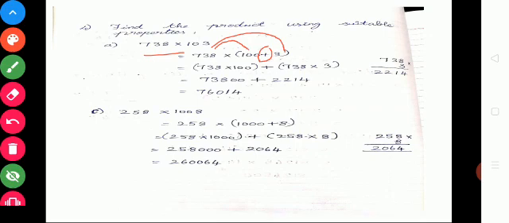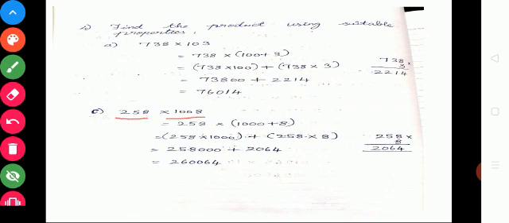This is the distributive property of multiplication over addition. Yes. So 738 into 100, what is your answer? 73,800. Yes. And then 738 into 3, 2,214. Now add these two numbers. 73,800 plus 2,214. So your answer is 76,014.